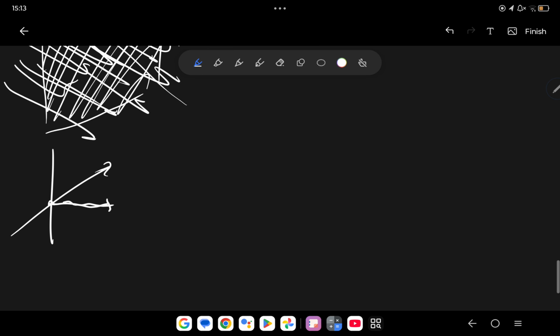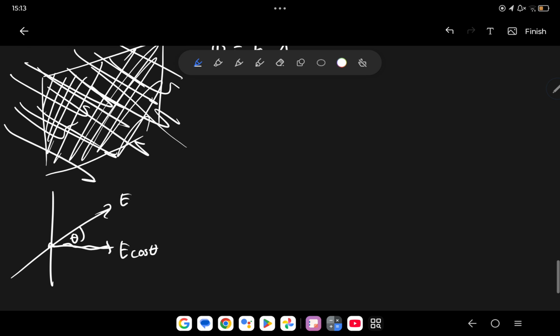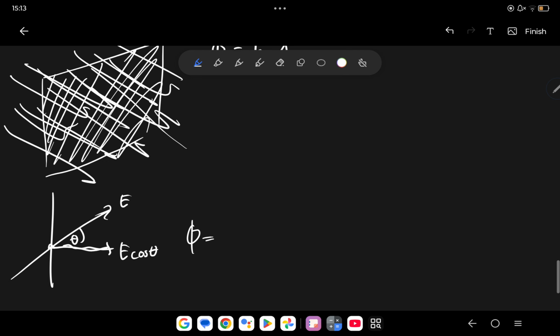How do you do that? Imagine this is theta. By properties of a vector, this will equal E cosine theta. So the final equation will look like E multiplied by A multiplied by cosine theta. That's flux. We just talked about flux.